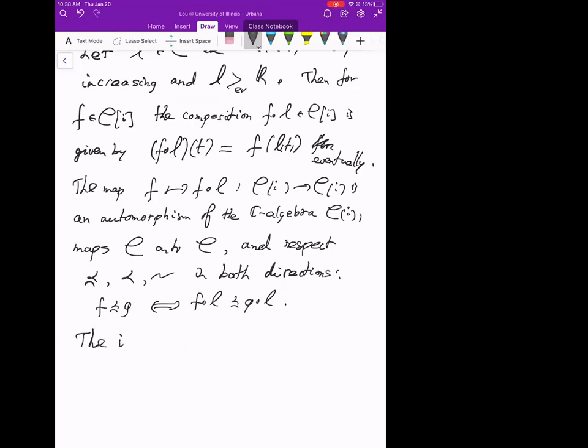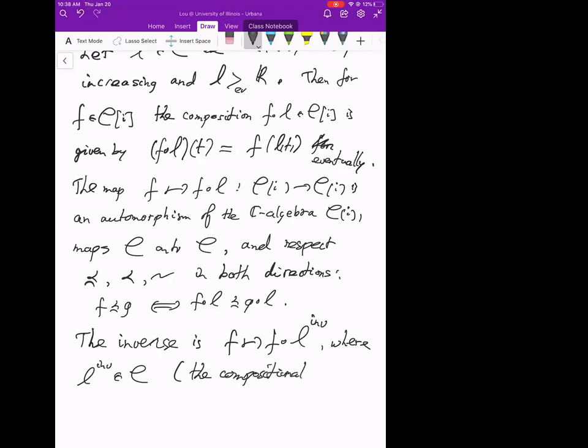The inverse is given by composing with the inverse of L, just what you think: L inverse is the unique element in C which, when composed with L, gives you X, the germ of the identity function.